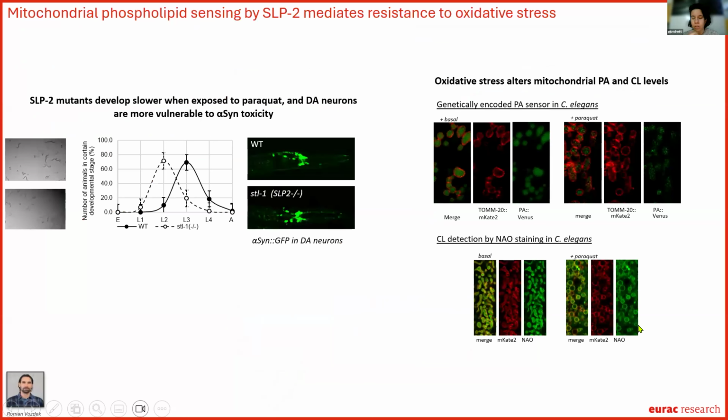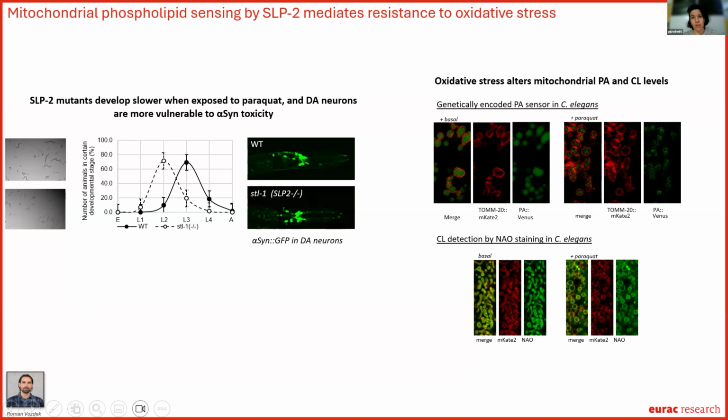This theory was supported by a colleague of ours who works with C. elegans and showed that worms mutant for SLP2, when exposed to oxidative stress, develop slower. Their neurons are more vulnerable to toxicity induced by alpha-synuclein, and oxidative stress alters levels of phospholipids in the mitochondrial membrane, such as cardiolipin and phosphatidic acid, as you can see here from the staining.